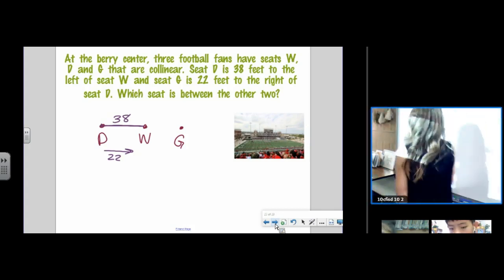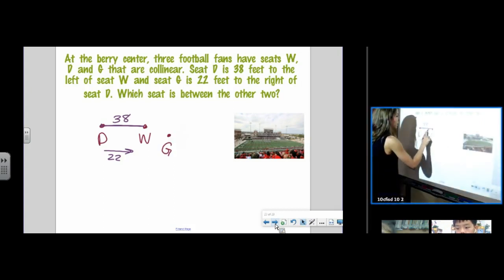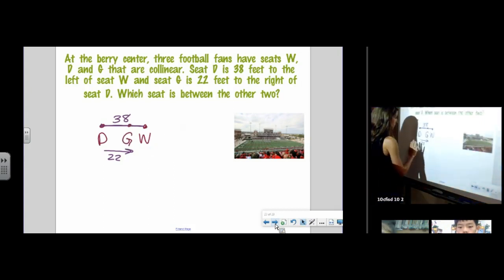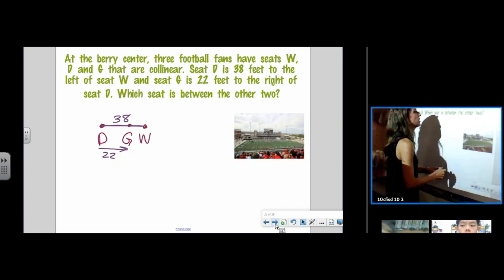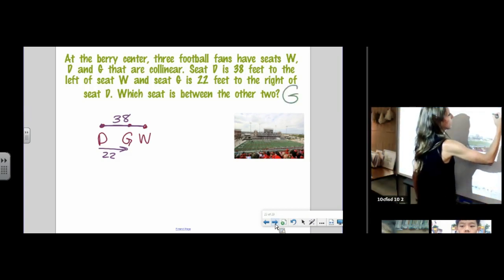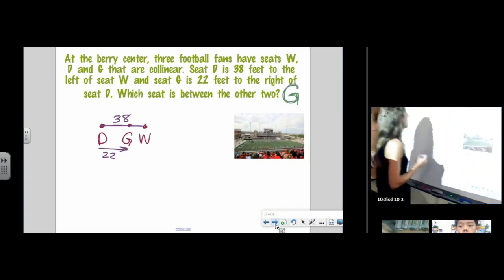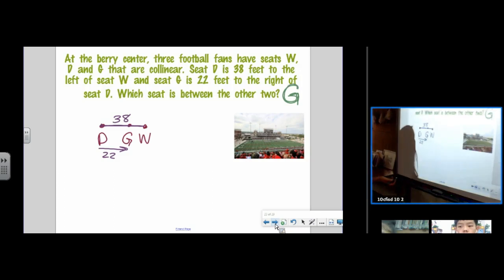So actually, G is somewhere in here, right? Which seat is between the other 2? It's G.